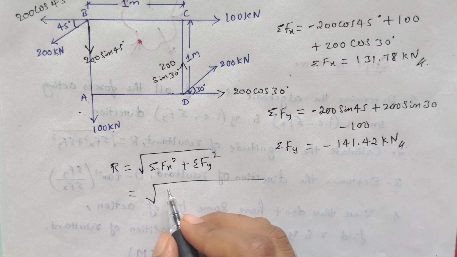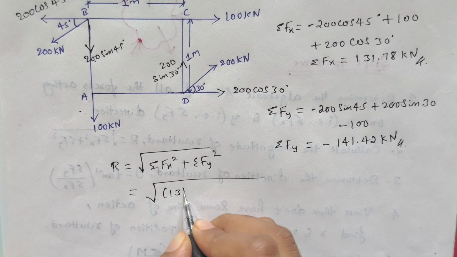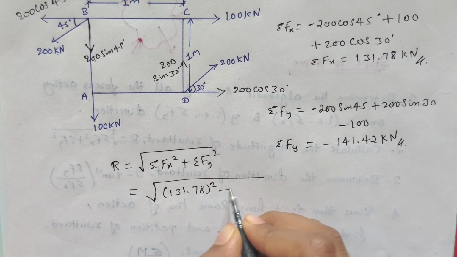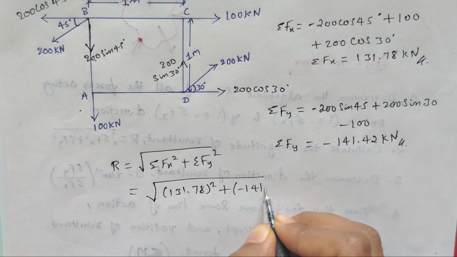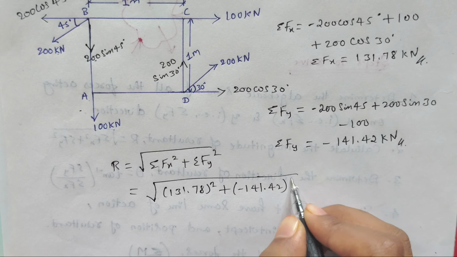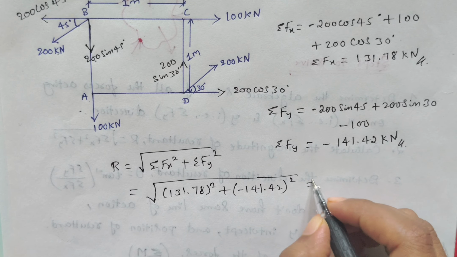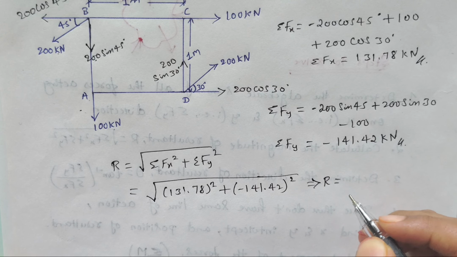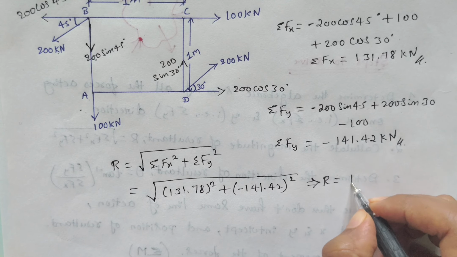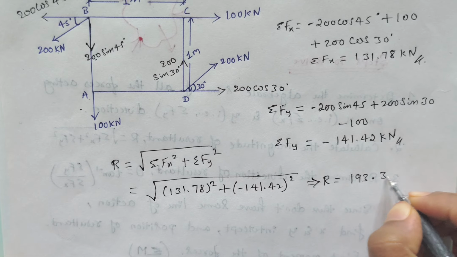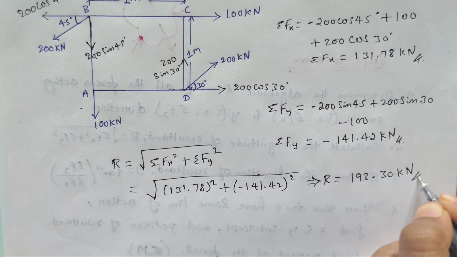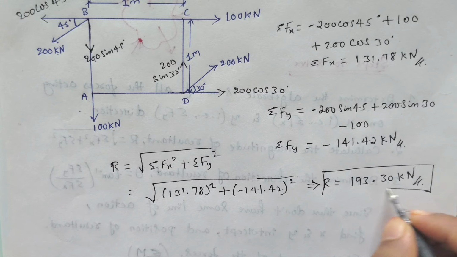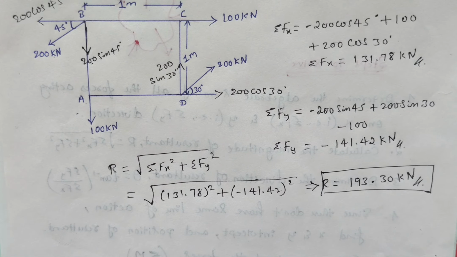Substitute these two values, that is 131.78 whole square plus 141.42 whole square. You will get R value as 193.30 kilonewton. So this is the R value.